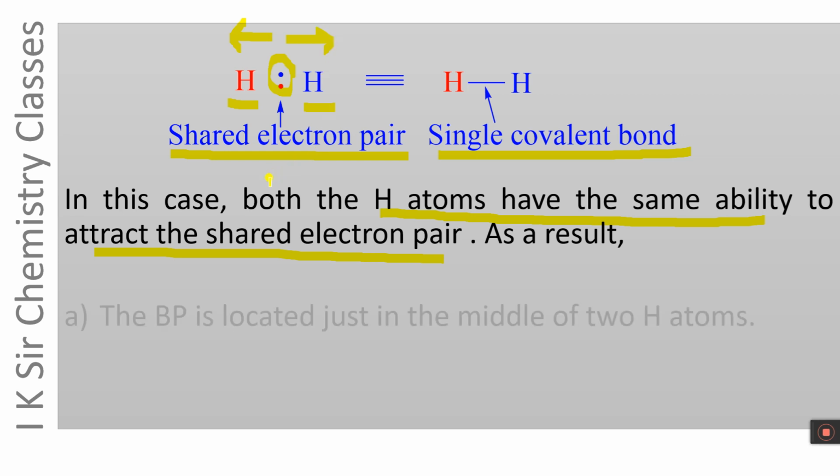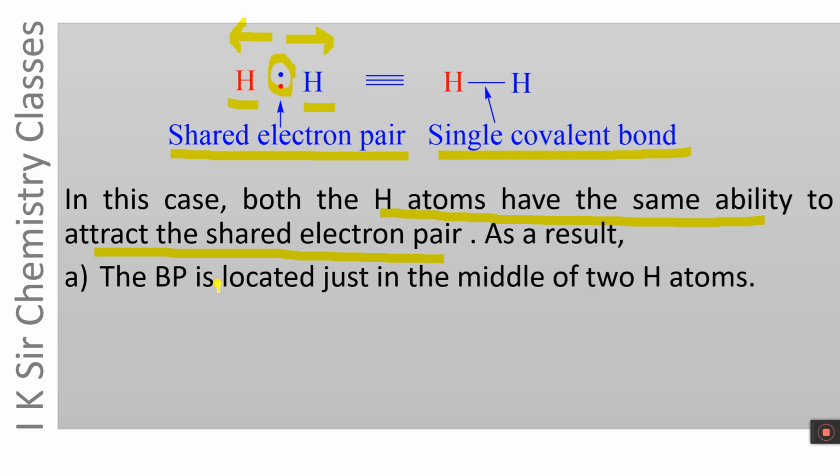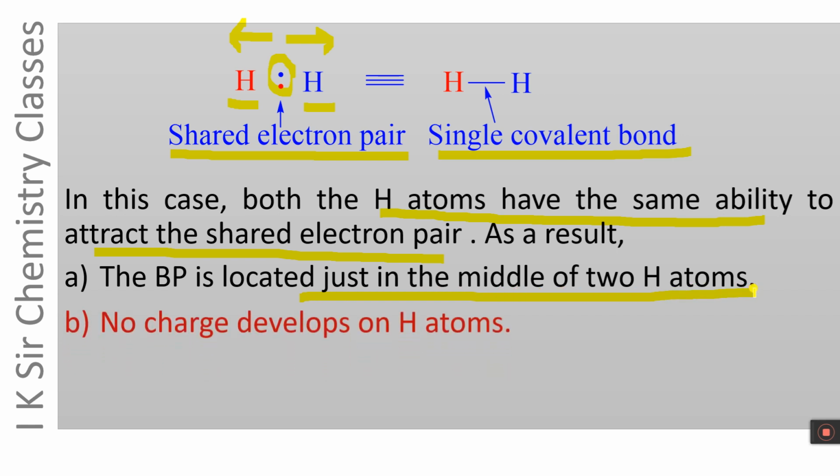As a result, the bond pair, that is shared electron pair, is located just in the middle of two hydrogen atoms, and no charge develops on H atoms.